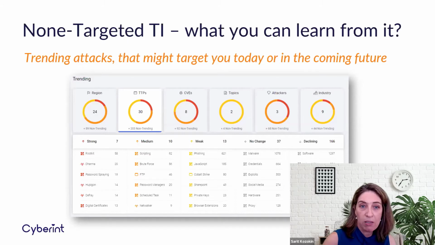So in the last few months, a lot of the news coming in, and the news ticker is a module that holds open source articles and information coming from various sources, magazines, blogs, etc. You can see that those sources tell us there's a strong trend of mentioning of rootkits, digital certificates, etc. On the other hand, we see that things like network denial of service are declining in their trend overall.